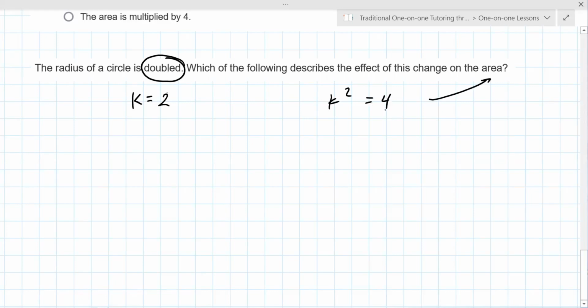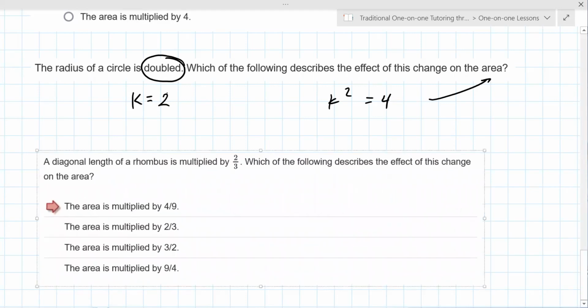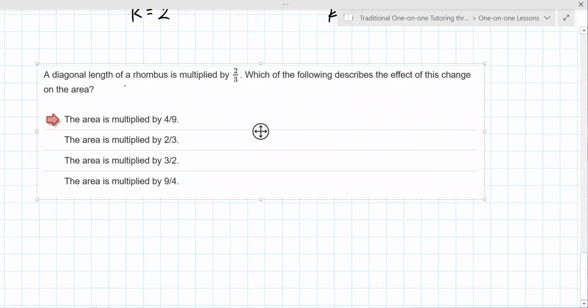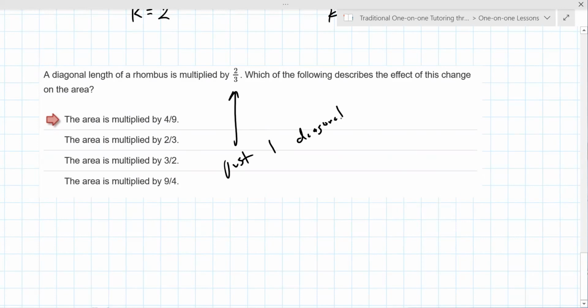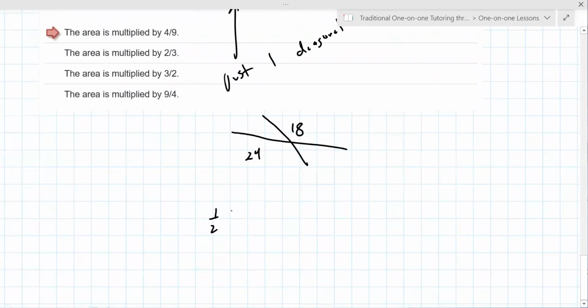Very good. Okay, so there was a small error in one of these other problems that we did. This is one of those things we're going to remember for the test or the quiz when you're doing it on your own. It appears that they meant just one diagonal, not both. If you go back to that example, diagonal 1 was 18, diagonal 2 was 24. I think you said 1/2 times 18 times 24, which was 216. But if only one of them changes, that's 12, and the other is still 24.